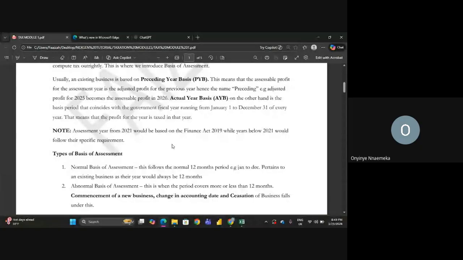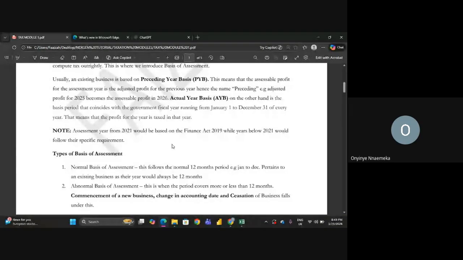So assessment year from 2021 will be based on Finance Act 2019, while the years below 2021 will follow their specific requirements, which means it will follow the preceding laws or rules before Finance Act 2019 came to change it. When we proceed, you will see the difference in what we are talking about.